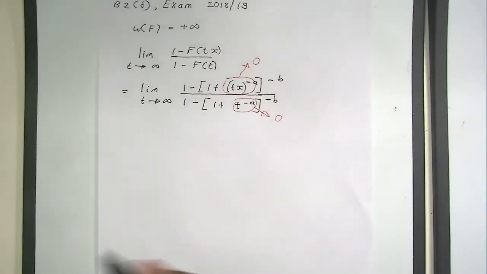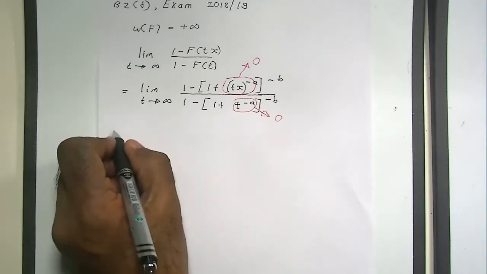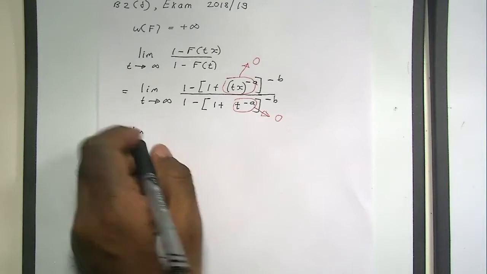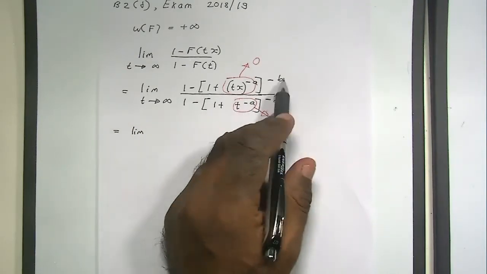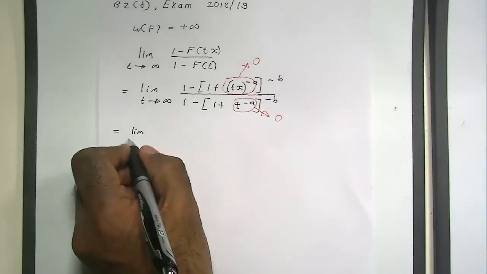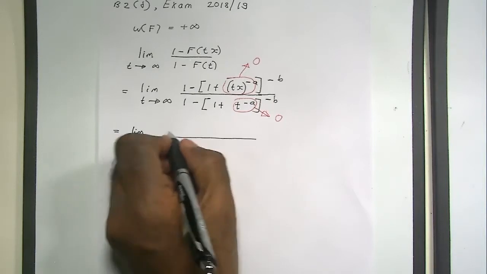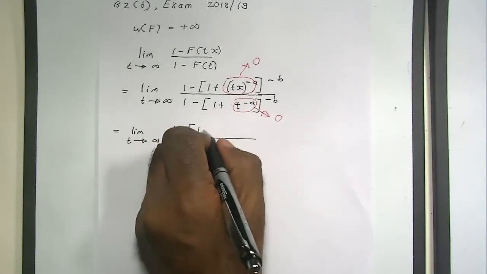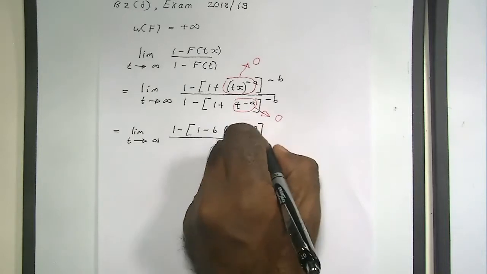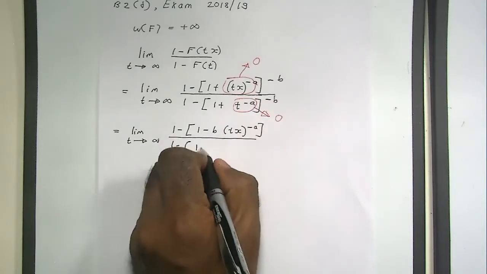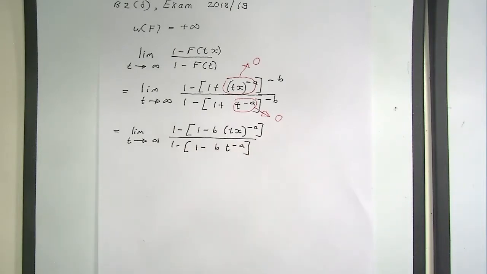And you probably remember one of the properties I gave you: if you have one plus something that goes to 0 to the power of something, you can write the top as 1 minus b times tx minus a, and this is 1 minus b t minus a. Do you remember the property?